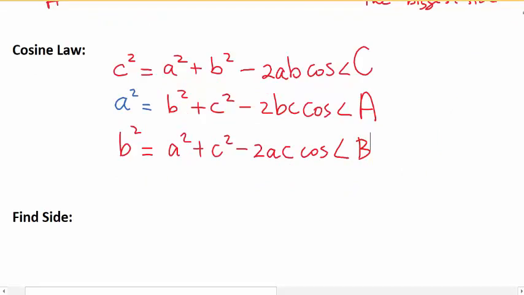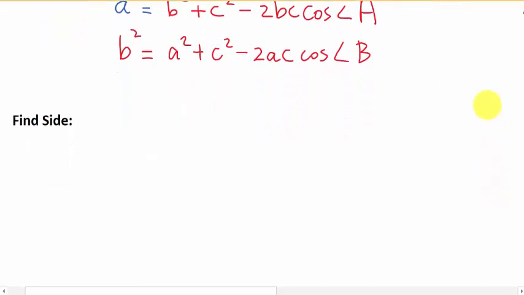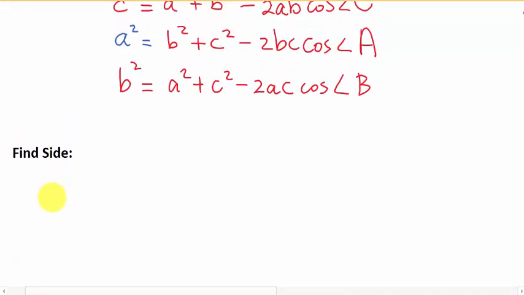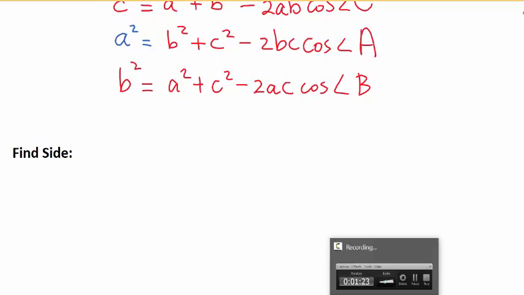Alright, so let's find sides of a triangle using the cosine law. And when you find a side using cosine law, let's take a look at what we need. How many pieces of information do we have here?